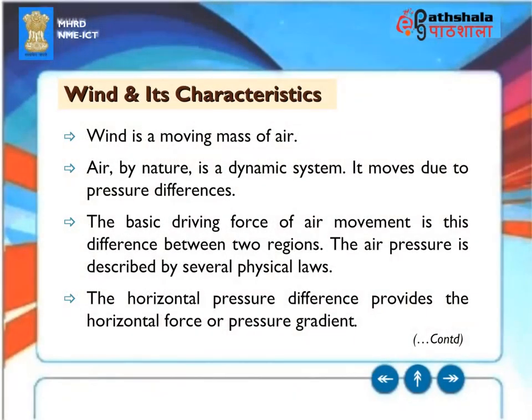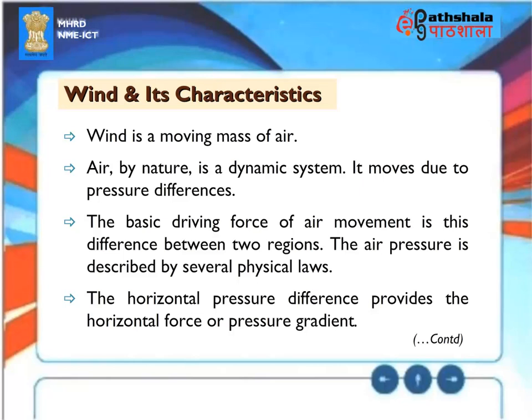Wind and its characteristics. Wind is a moving mass of air. Air, by nature, is a dynamic system. It moves due to pressure differences. The basic driving force of air movement is this difference between two regions. The air pressure is described by several physical laws.